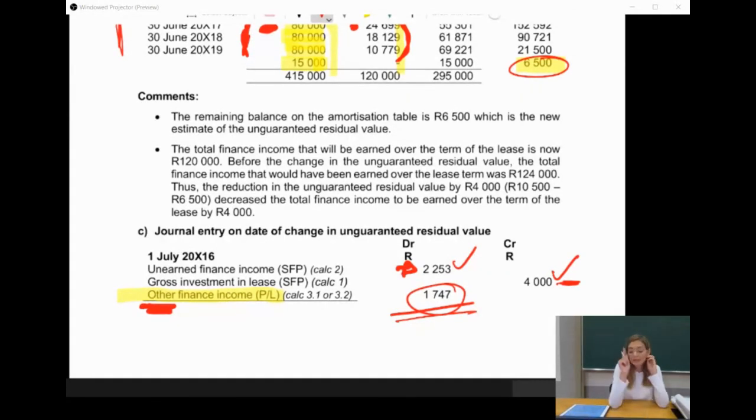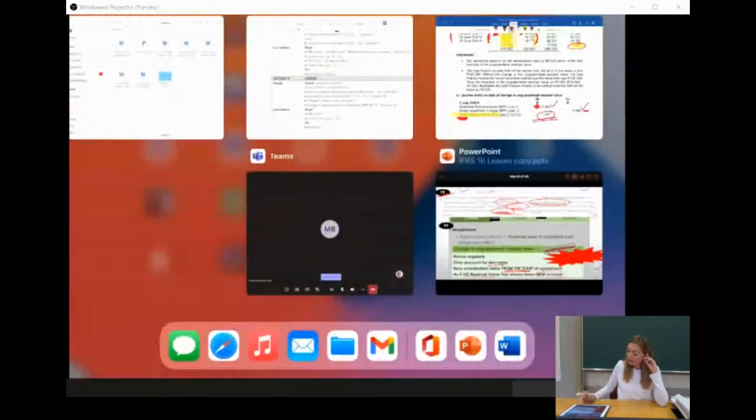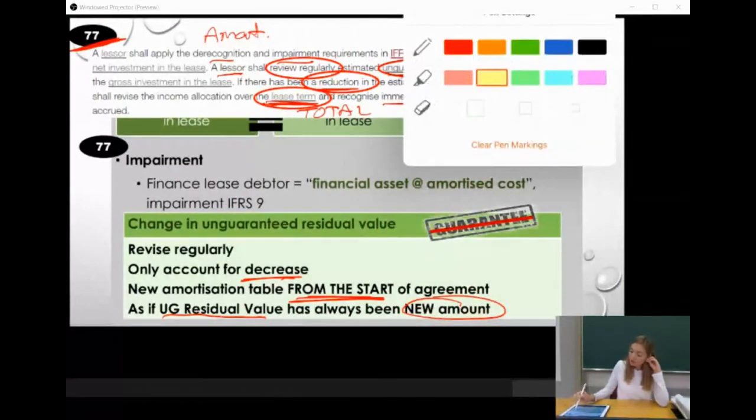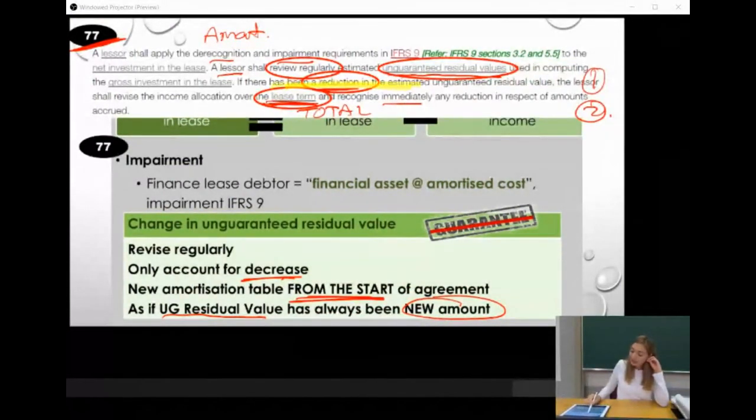Remember, the standard said, we go to paragraph 77, only have to worry about a reduction in the estimated unguaranteed residual value. So if it increases, then it's good. We know that it increased, but we're not going to do any accounting entries for that.